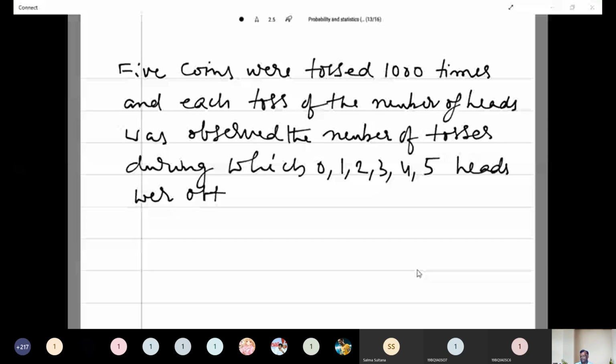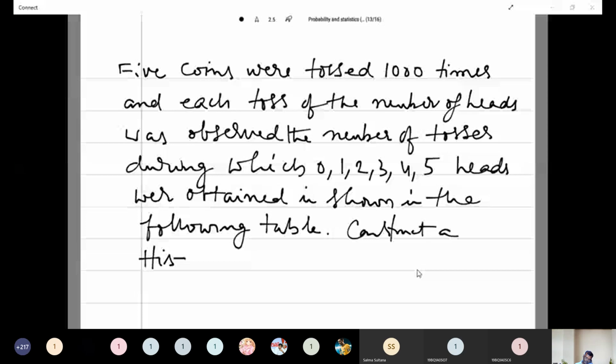Construct a histogram of the number of heads.